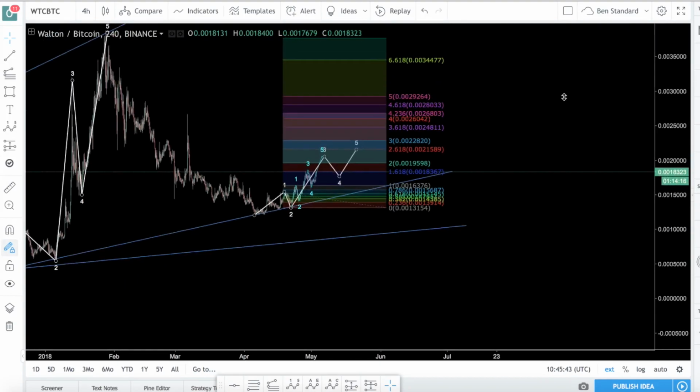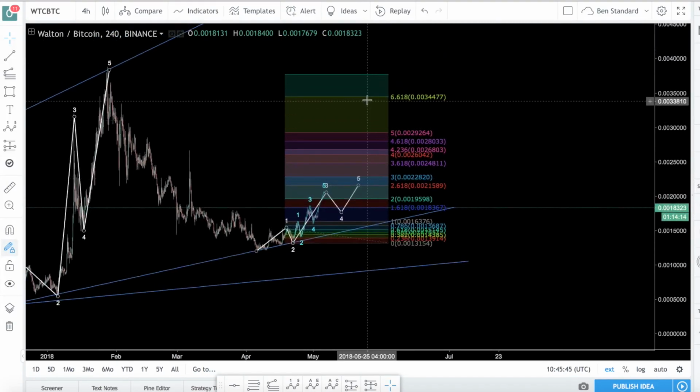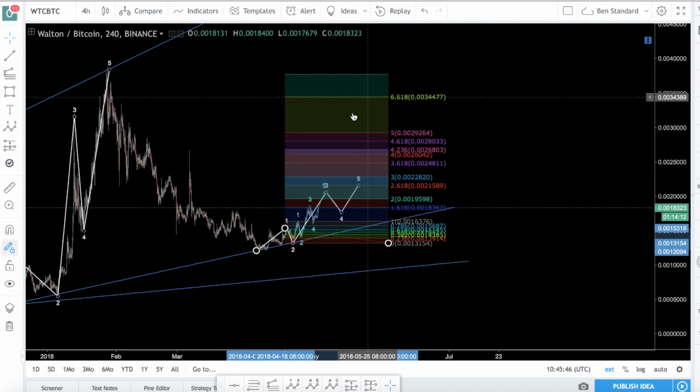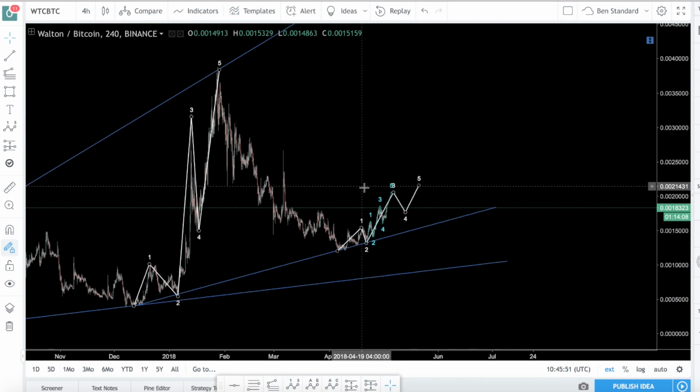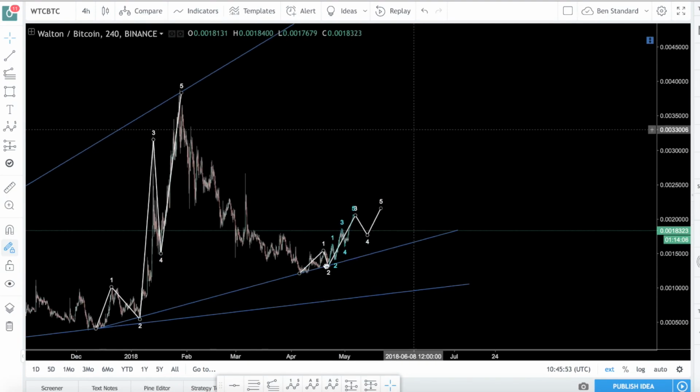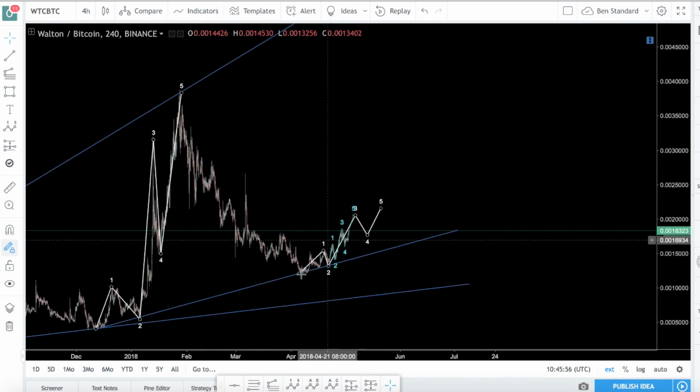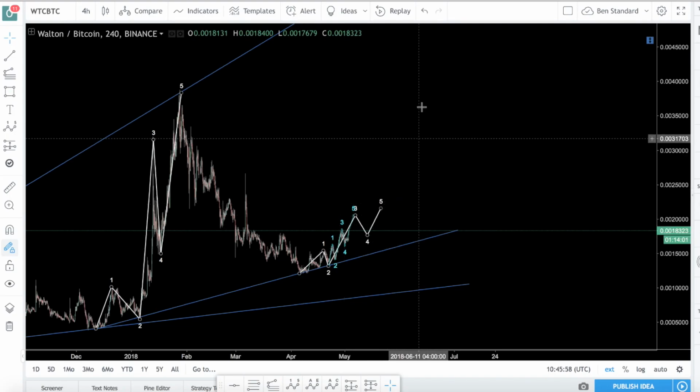So if we go to even a bigger scale, then if the fifth wave ends here, it would probably be the first wave of a bigger trend.